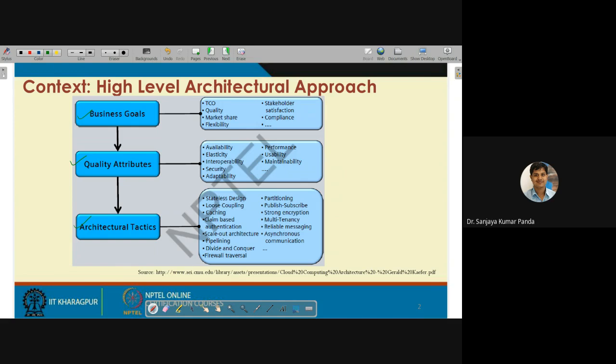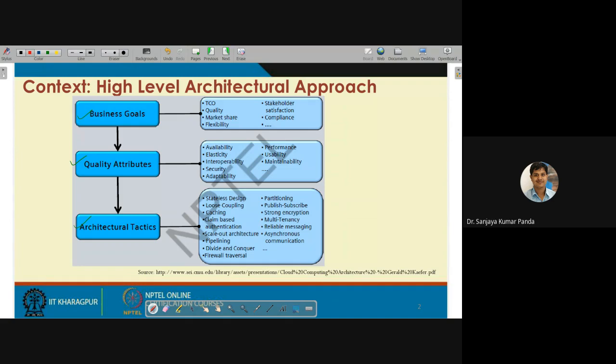Business goals mainly deal with the company policies and the company management. They take care of the business goals. So business goals cover your TCO, which stands for total cost of ownership, quality, and market share.